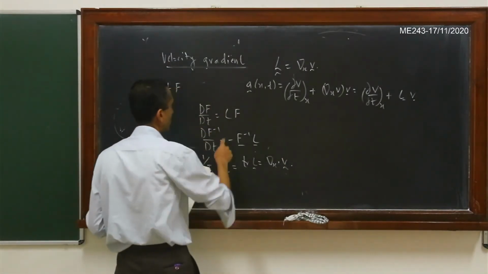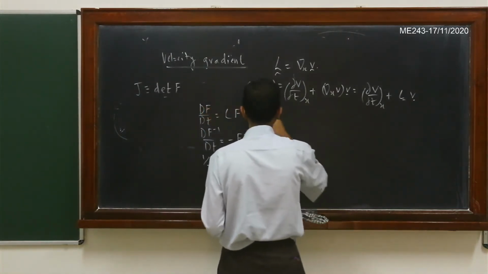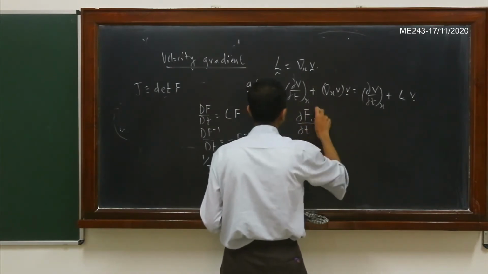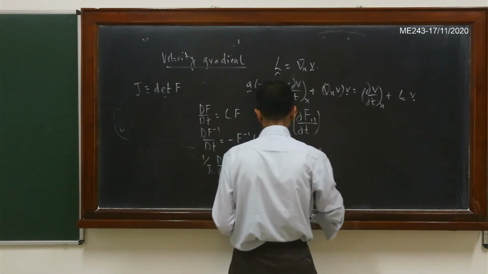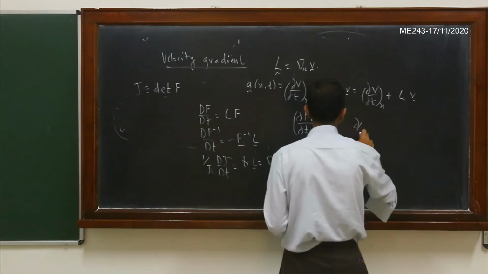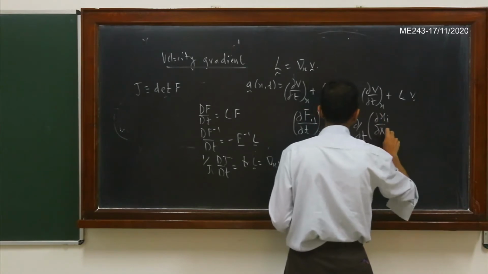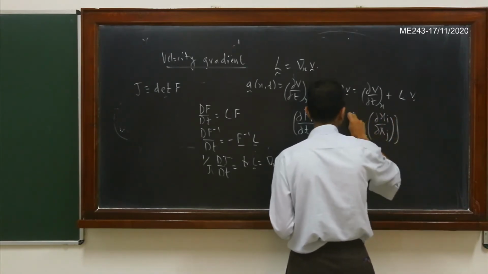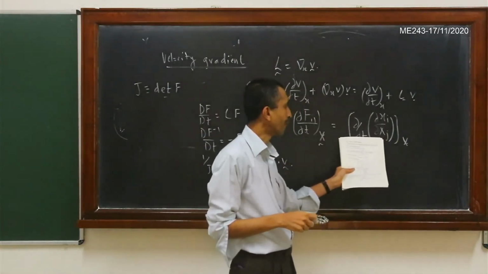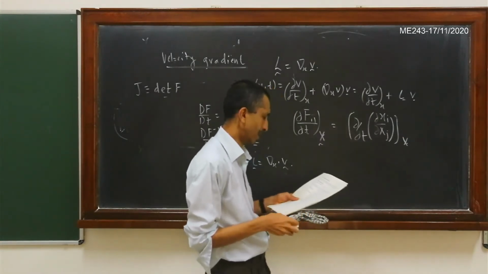So first let us derive this particular relation, df by dt is Lf. Going back to the definition of the material derivative, del f ij by del t, keeping capital X fixed, is equal to del by del t of del chi i by del xj, keeping capital X fixed. I have just used the component form of the deformation gradient and then used the definition of the material derivative to write it in this way.